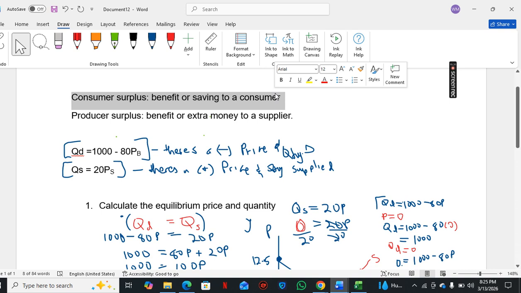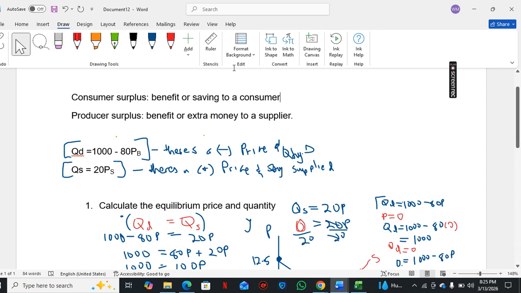If you wanted to buy jeans for 200 kwacha and you find the jeans is actually going for 150 kwacha, the consumer surplus is going to be 50 kwacha. So it's like you saved 50 kwacha.